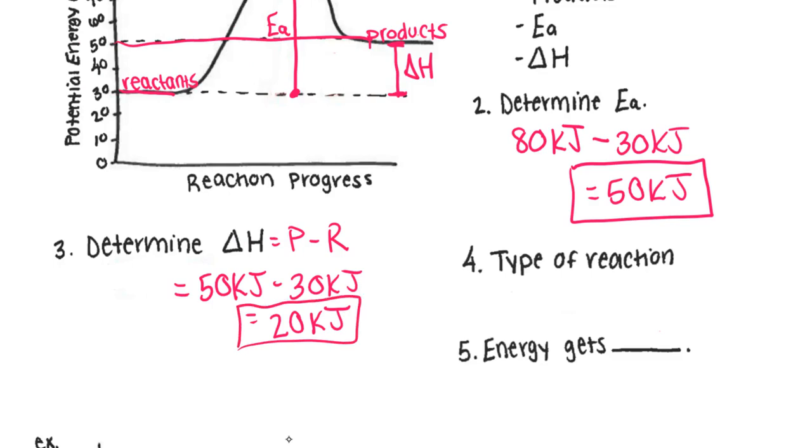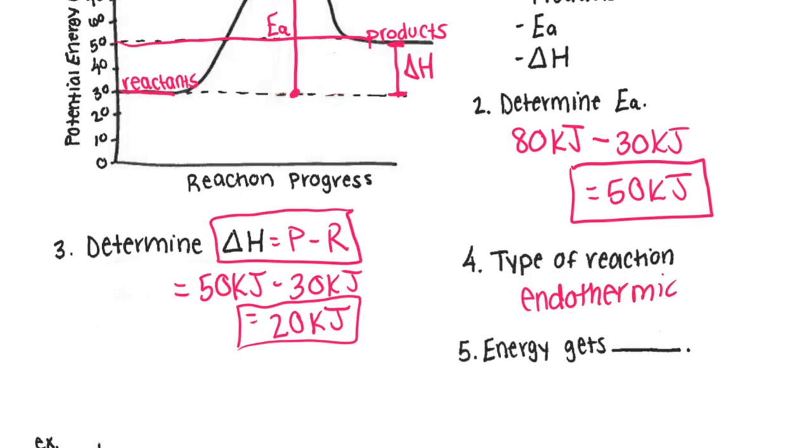Really important that you always do products minus reactants, because based on the sign of delta H, you should be able to determine what type of reaction this is. So delta H is positive, meaning this reaction is endothermic.